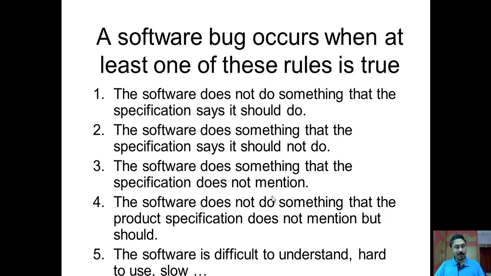For example, continuing with the same banking application, let's say we have a timing on the GUI. The specification doesn't mention whether the current date and time should be given on the screen or not, but the software does that thing. That is also called a bug.